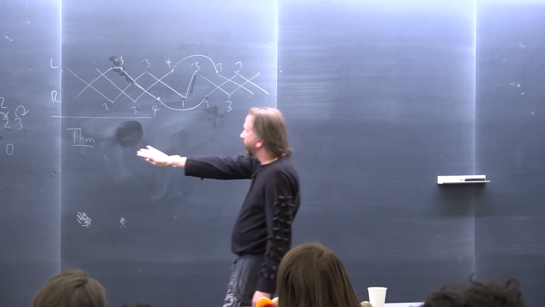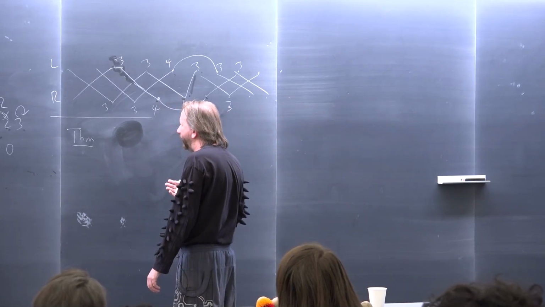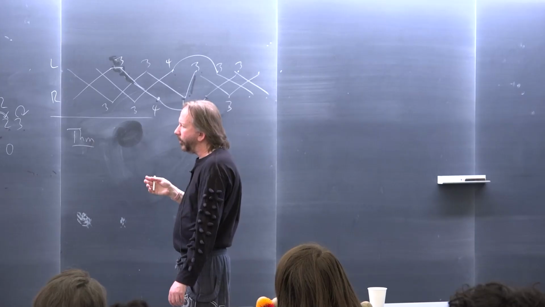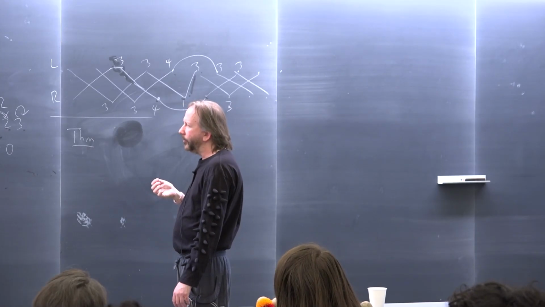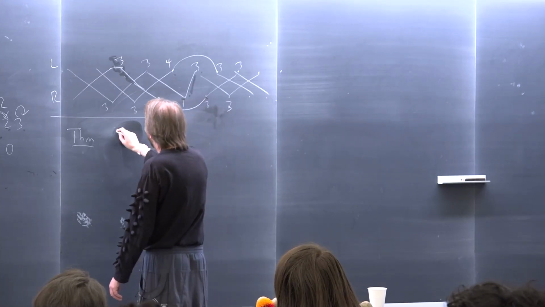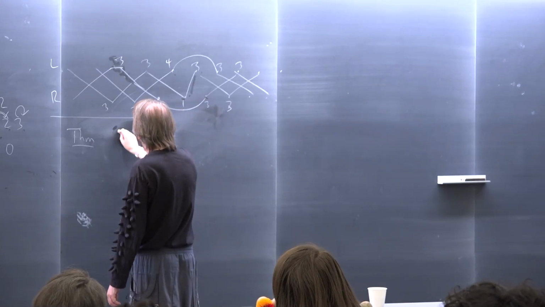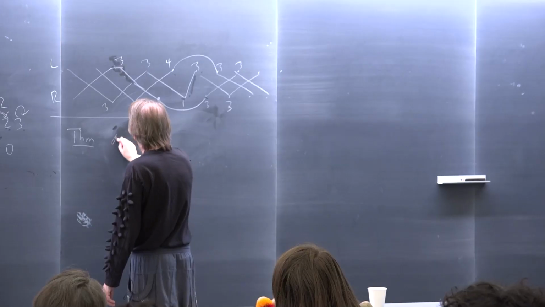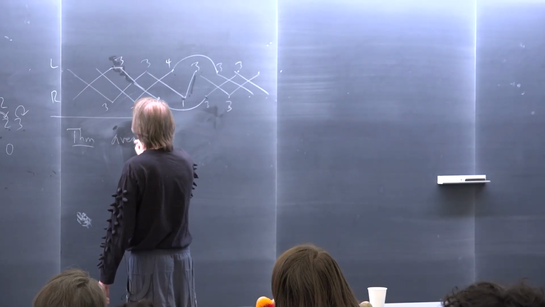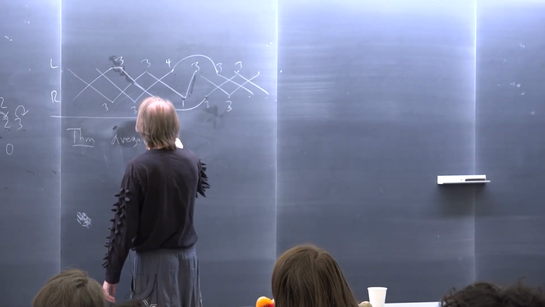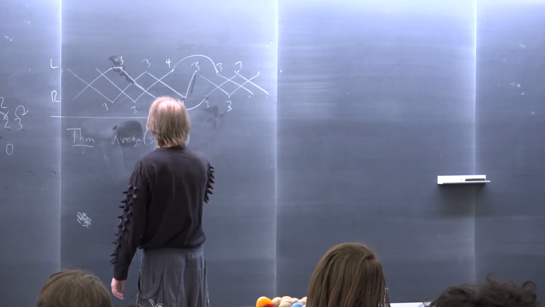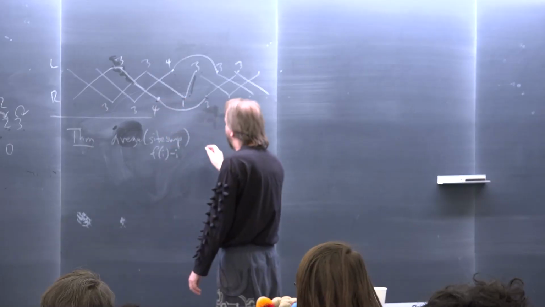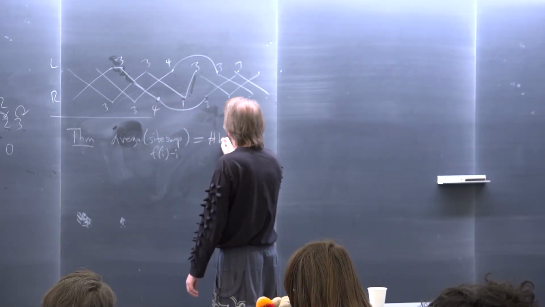All right, so here's a theorem, and I think this theorem is one of the first things I learned in the subject, so I think this is already mid-'80s stuff, that the average of the site swap, and remember this is not the f itself, but the f of I minus I, is equal to the number of balls.